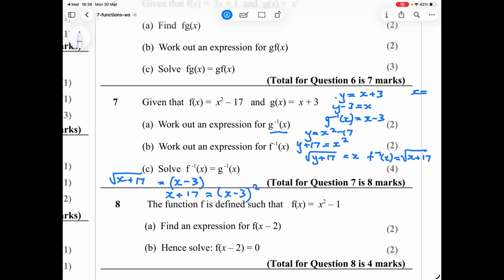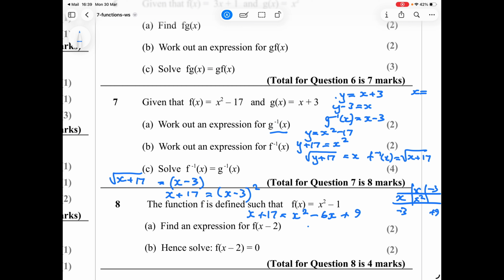And so that then means that we're going to get x minus 3 times x minus 3, which is x squared, plus 9, so x plus 17 equals x squared minus 6x plus 9.